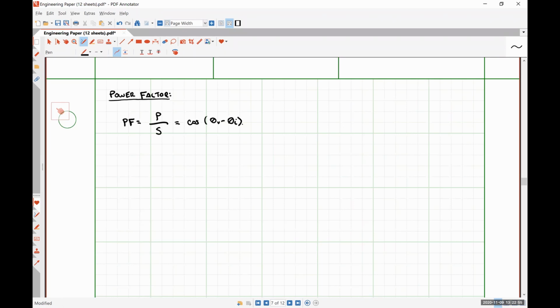minus theta I, okay? Now this is where our concept of leading and lagging and all that kind of stuff is going to come back to us, okay?